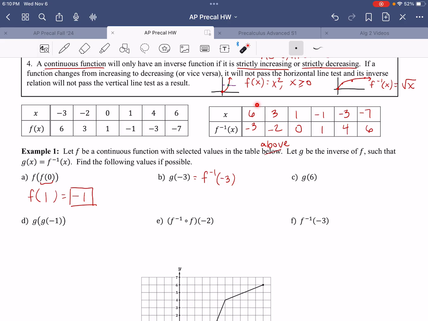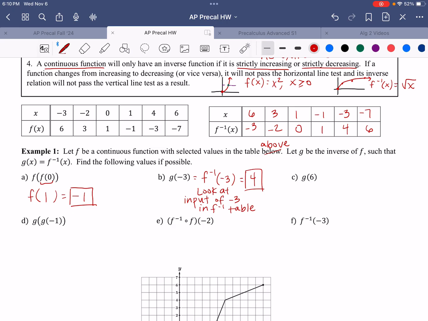So since you made a table, you could just go look at your inverse table. When the input is -3, I get a 4, and I'm done. So I chose to look at the input of -3 in the inverse table.